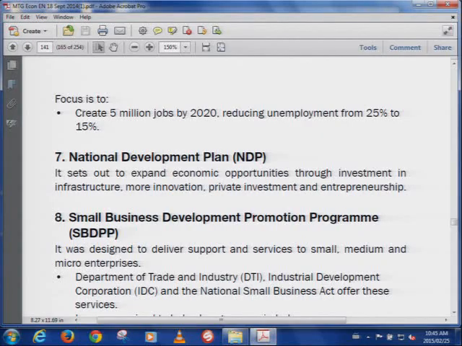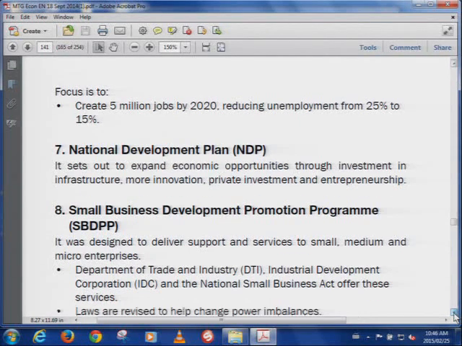But instead of creating 1 million jobs a year, we are losing almost 1 million jobs a year. The economy is shedding about 1 million jobs a year. And one of the ambitions of the government is to reduce unemployment from 25% to 15%. That is a hurdle to cross also.